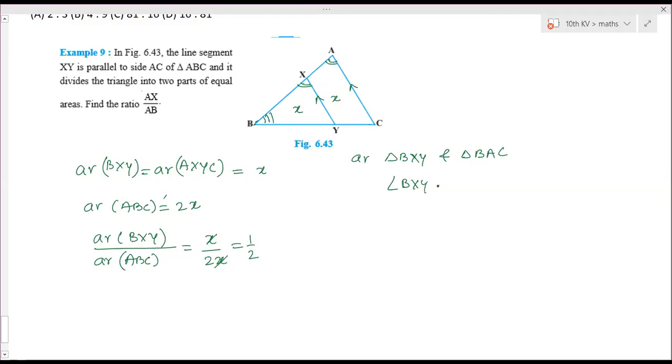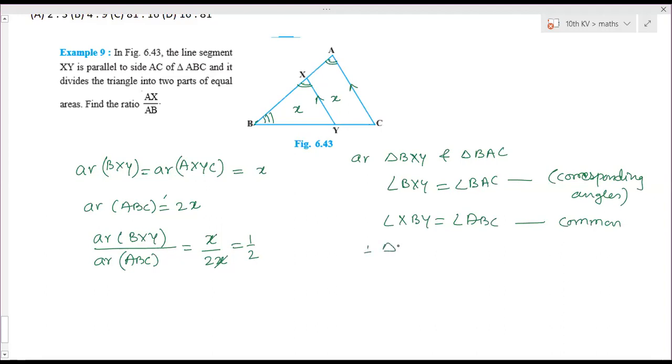Angle BXY is equal to angle BAC, corresponding angle. And angle XBY is equal to angle ABC, common. So therefore triangle BXY is similar to triangle BAC by AA similarity.